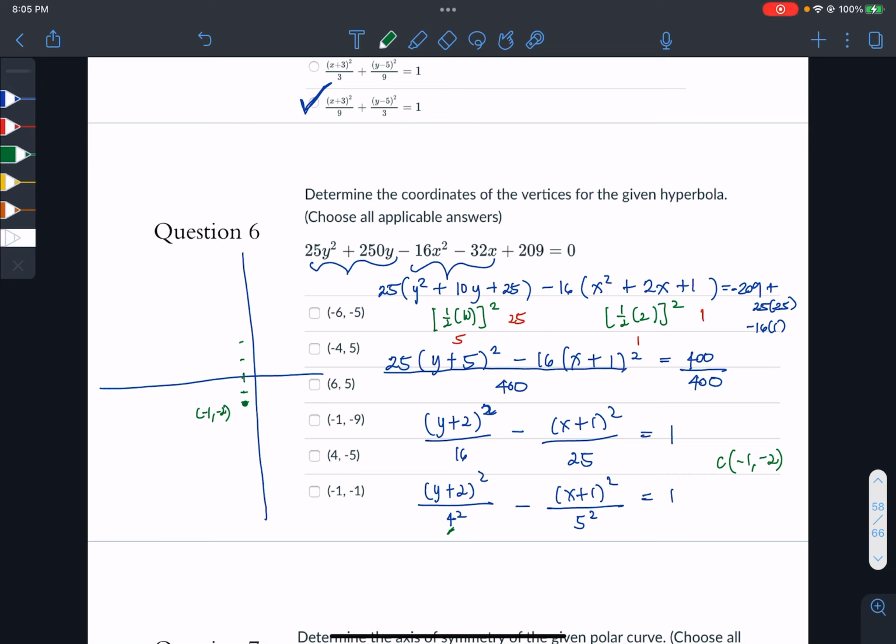So x is negative 1, then the other is y.